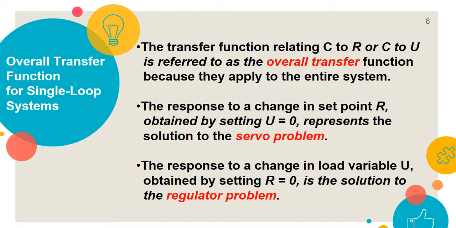Now, the response to a change in the set point R, obtained when we set U equal to 0, meaning there aren't going to be any changes in the input variable, represents the solution to the servo problem. And this servo problem was actually defined already in our previous lesson.